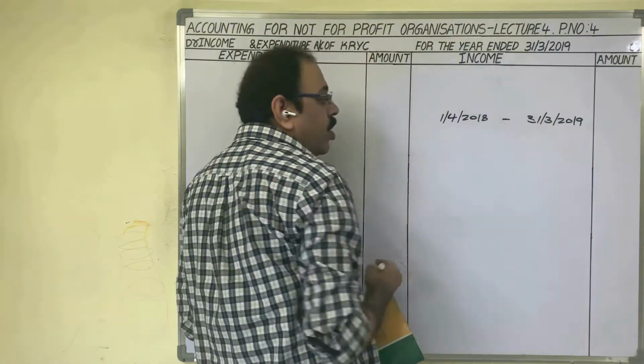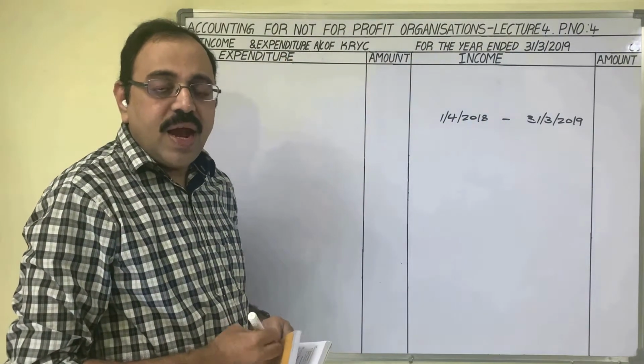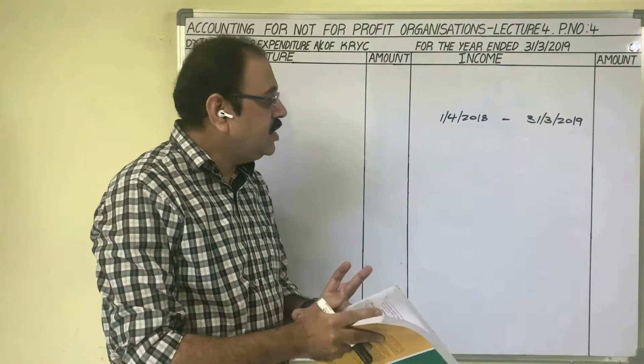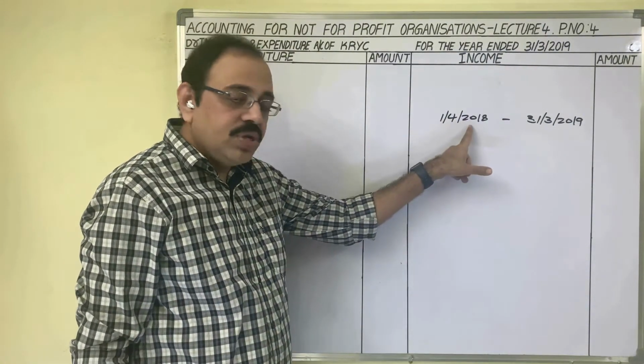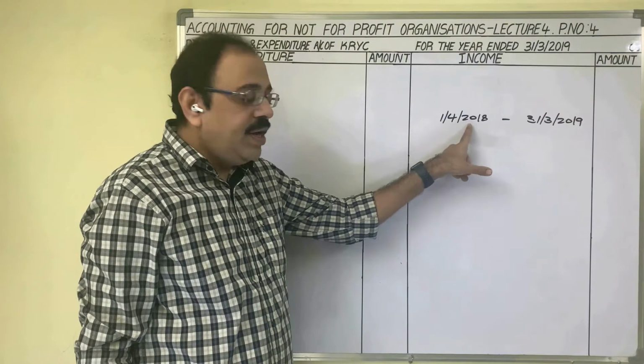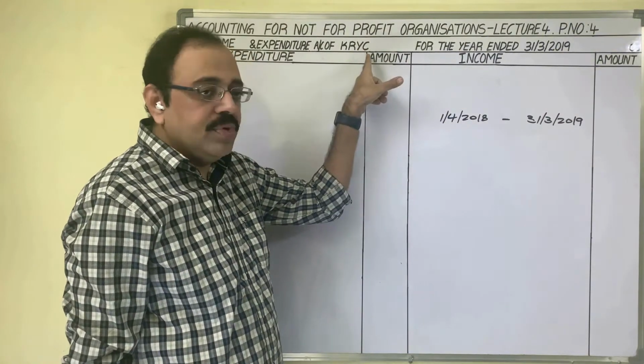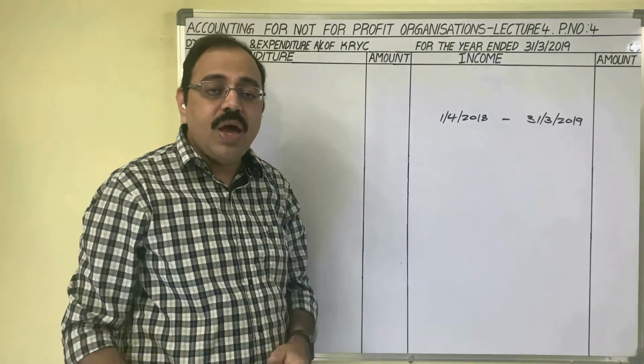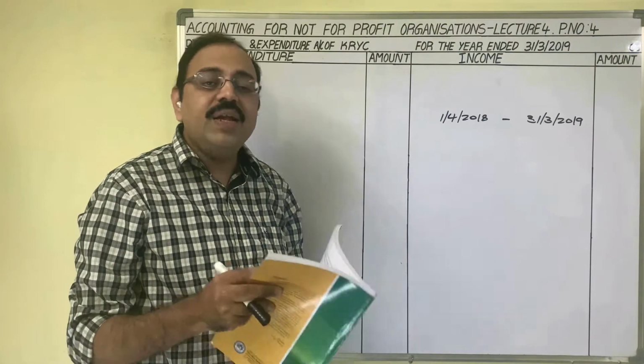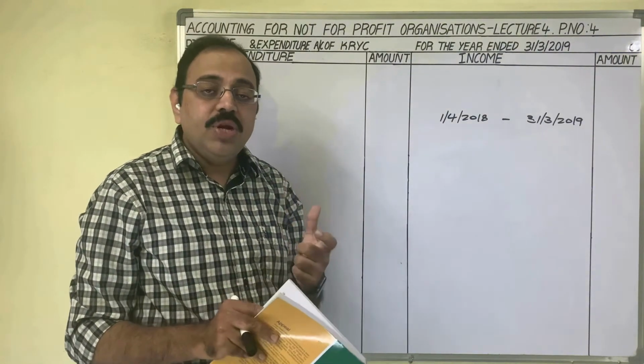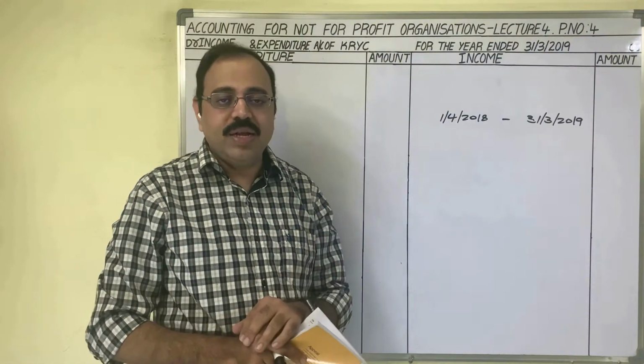So the firm is following the financial year, and the starting date of the year is 1st April 2018. On that day, in our firm, how much cash balance we have? 22,800 rupees. That amount is known as opening cash balance.